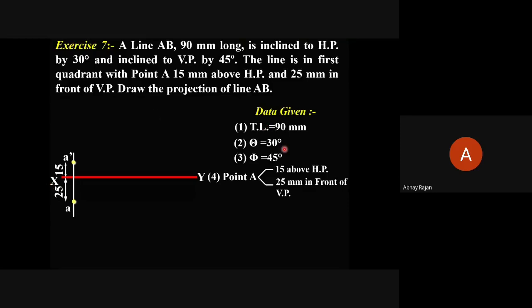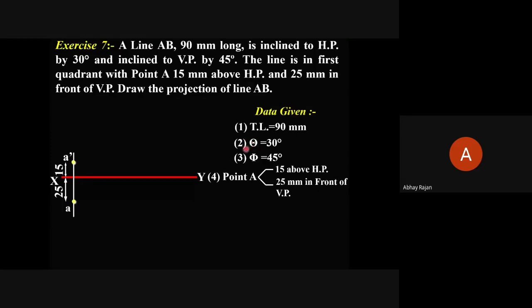The next thing you know is the true length, which is 90 mm, at inclinations of 30 degrees and 45 degrees. Whenever we are drawing a line inclined to both planes, one of the techniques is the parallel line method. Let me explain how to do that. Initially you will assume that the line is inclined to only one of the planes.